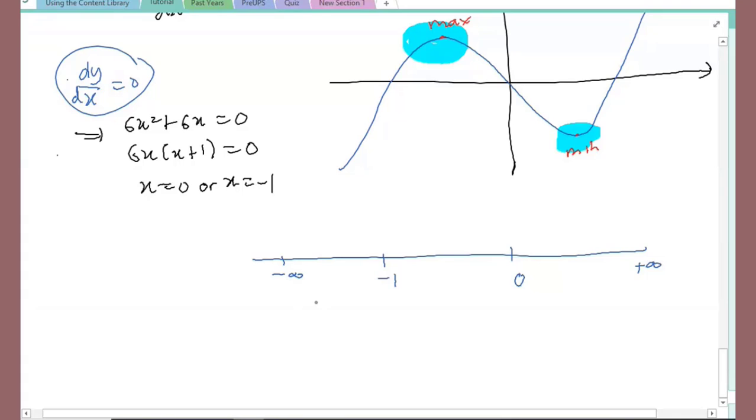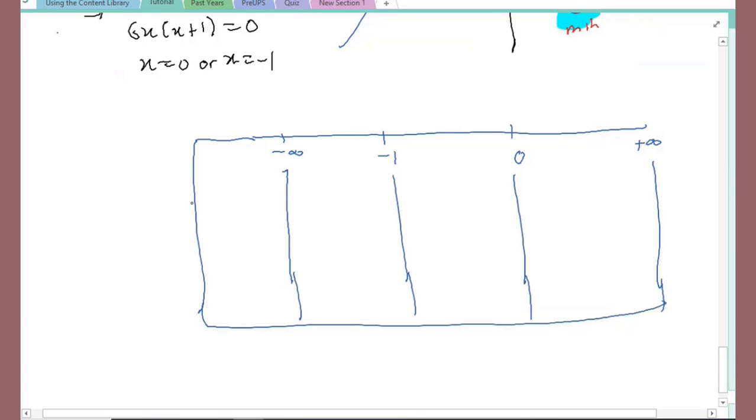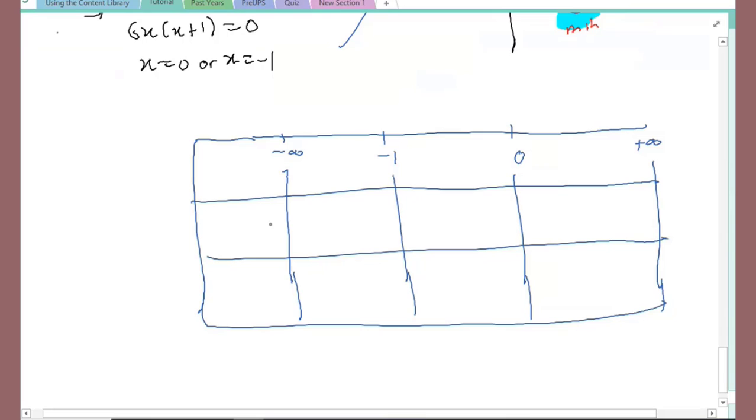Okay, and then the table, a simple table. This one is dy/dx.